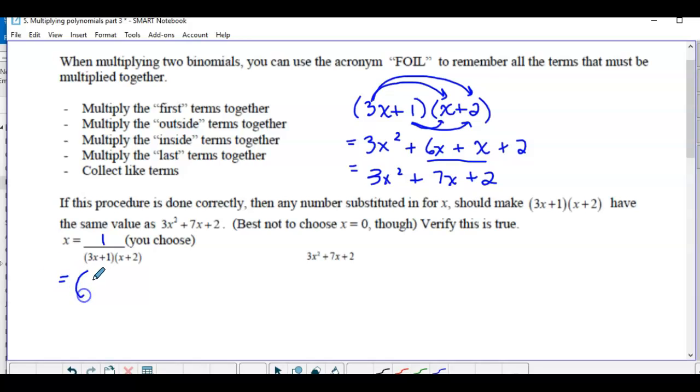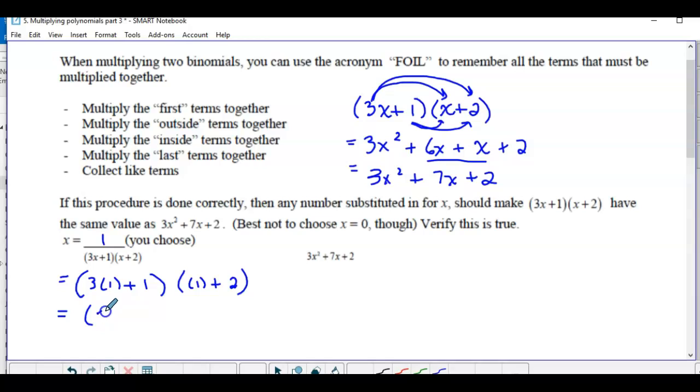So in my factored form, I'm going to go 3 times 1 plus 1, and then 1 plus 2. I always put the number I substitute in brackets in case it ends up being a negative. But I'm not putting a negative, so if you don't put brackets inside, that's okay. You need the big brackets in the original expression.